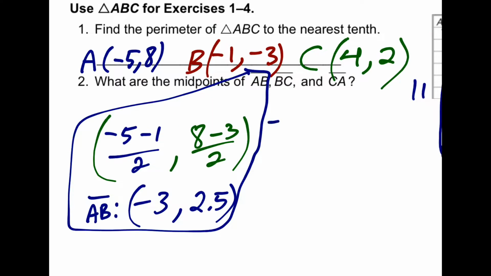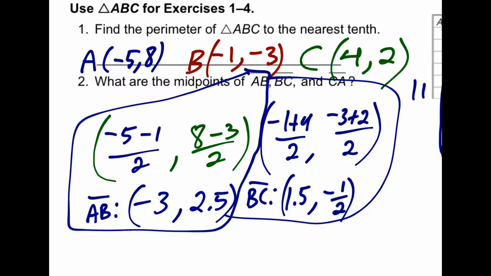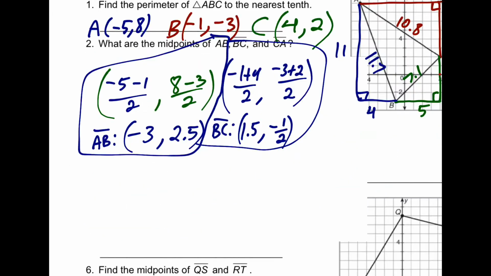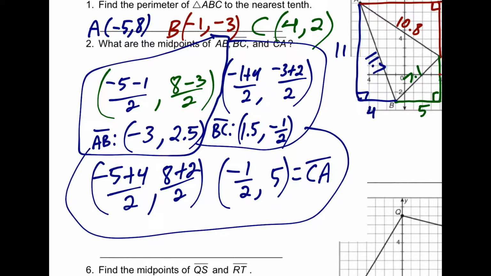For BC, I do the same thing with negative 1 plus 4 divided by 2, and negative 3 plus 2 divided by 2. And this gives me a midpoint of 1.5, negative 1/2. For CA, I add together negative 5 and 4 divided by 2, and 8 plus 2 divided by 2. So the midpoint for those two is negative 1/2, 5.